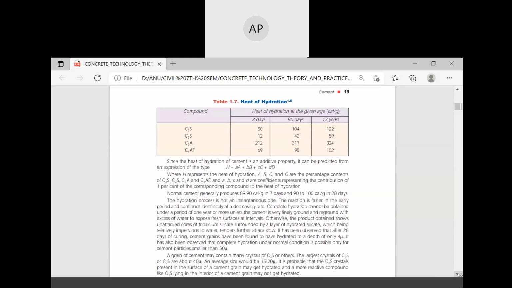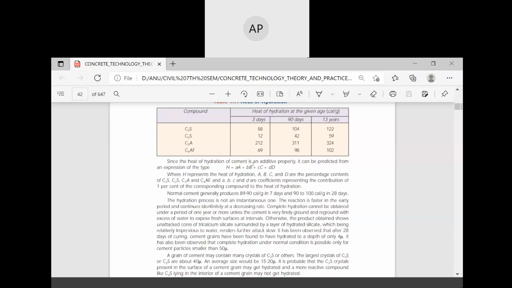In this table, it is shown the amount of heat liberated by various compounds. C3S liberates 58 calorie per gram in 3 days, 104 calorie per gram in 19 days, and 122 calorie per gram in 13 years.